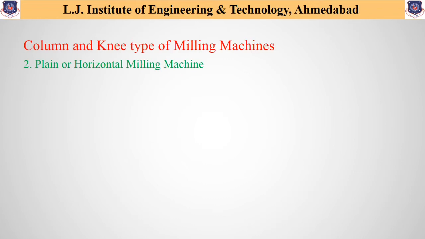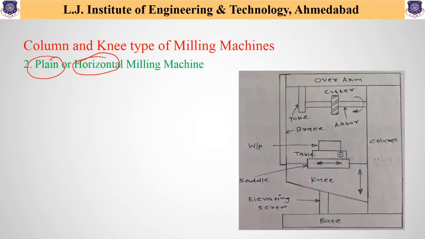Keep these two words in mind, plane or horizontal, because if the exam question asks you to explain the plane milling machine in detail, or it may be asked as explain the horizontal milling machine in detail, the answer remains the same, because the horizontal milling machine is also called the plane milling machine. Now to understand the different parts available in this milling machine, let us have a look at a simple 2D figure of this horizontal milling machine.